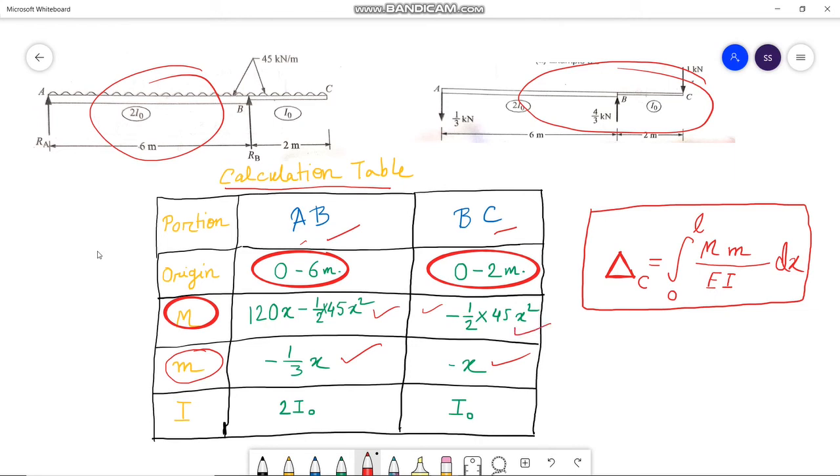All these calculations that we have done will be put in this formula. This formula will be used to calculate the deflection at point C, that is del C equals integration of capital M into small m by EI into dx, where capital M comes from this calculation table and the values of small m come from this calculation table, and putting all the values here we will get the deflection at point C. So now let us do the calculation as per this formula.